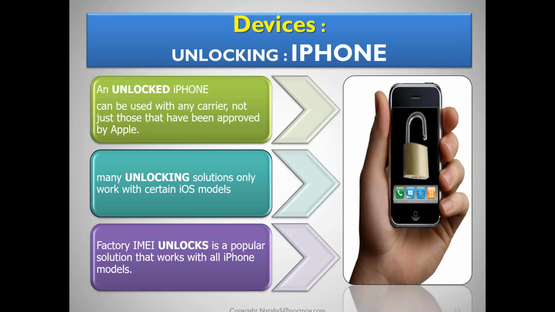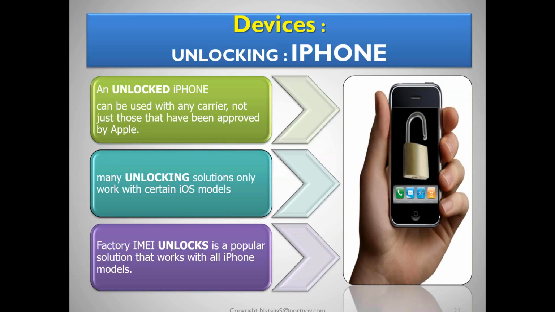Many people assume that jailbreaking an iPhone is exactly the same as unlocking it. This is not true. Let me describe the difference because it's pretty substantial. An unlocked iPhone can be used with any carrier, not just those that have been approved by Apple.